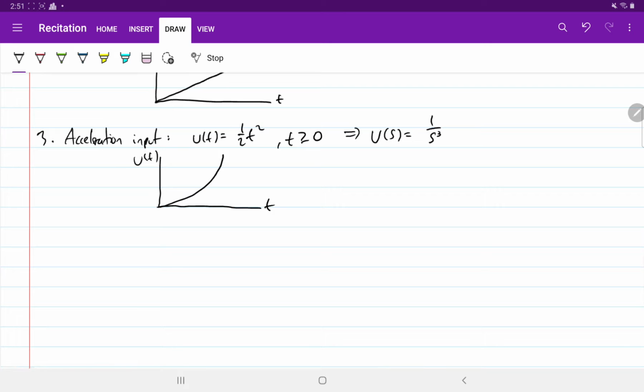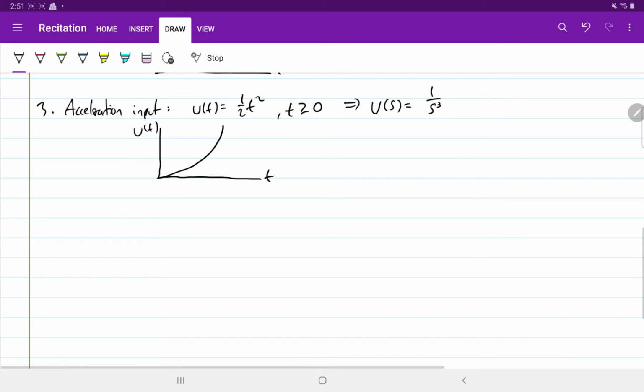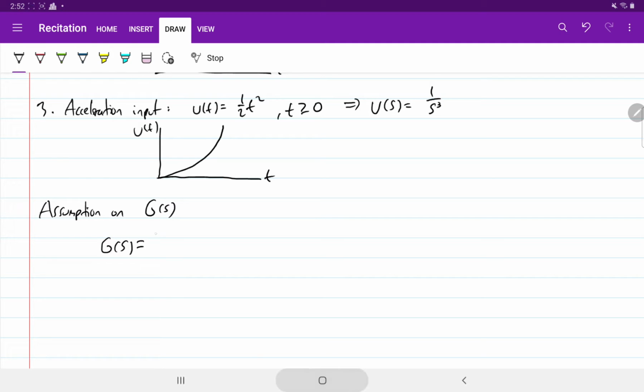To do that we need to make the following assumption on the transfer function. The assumption is that g of s has the following structure. G of s has a constant gain k, and it has some polynomials.